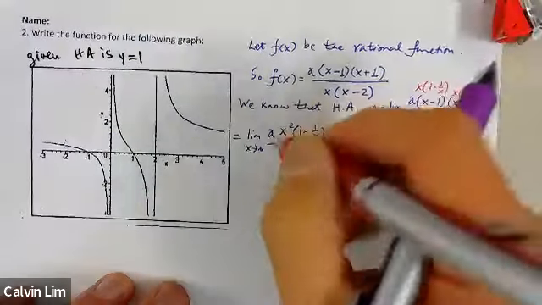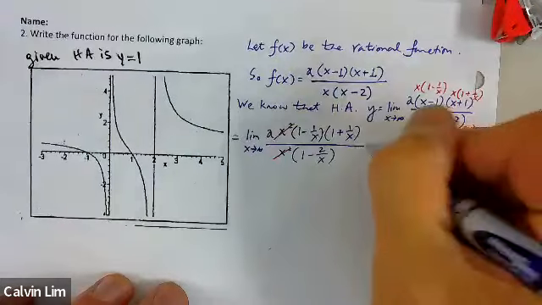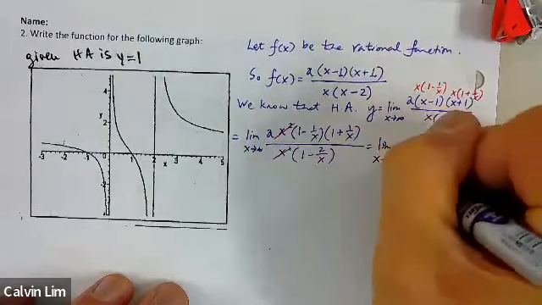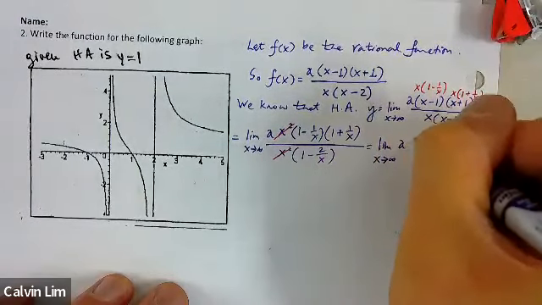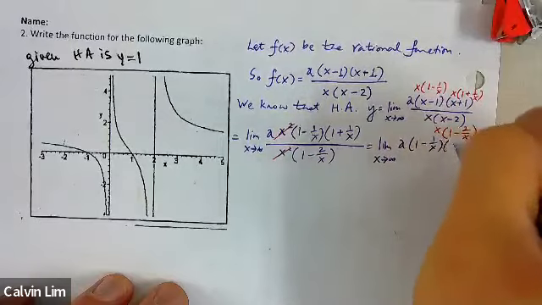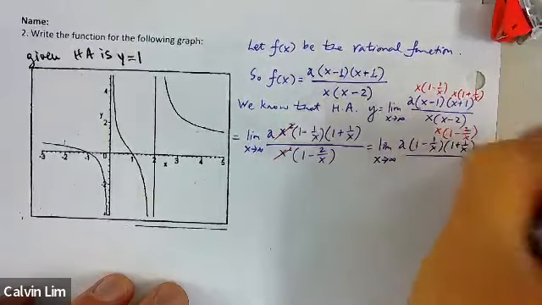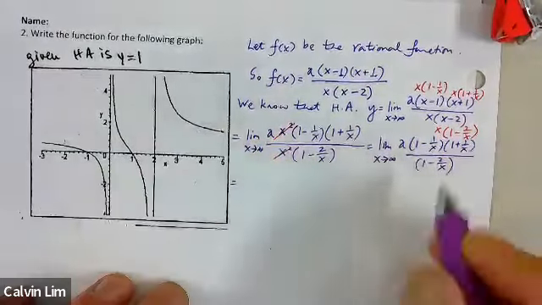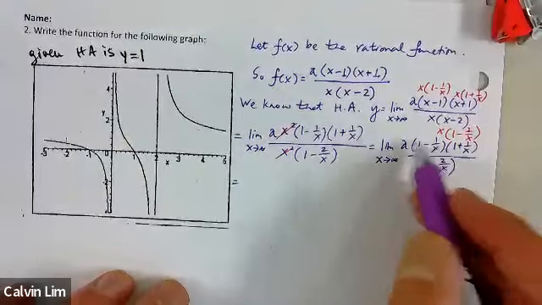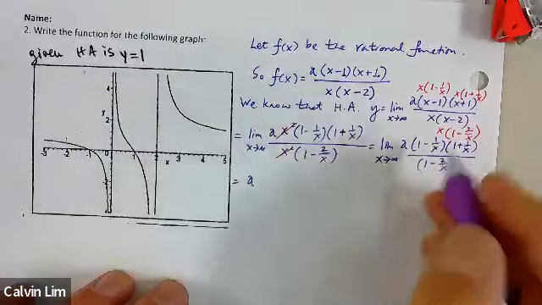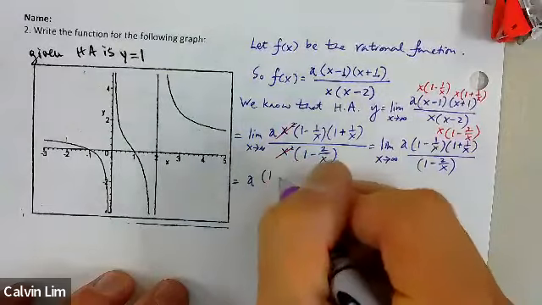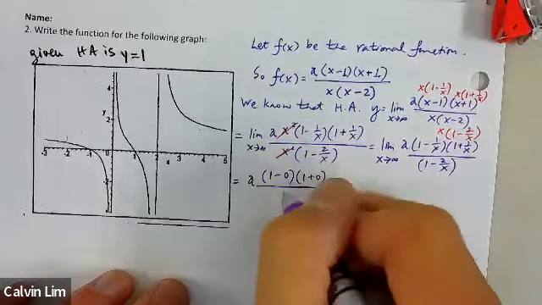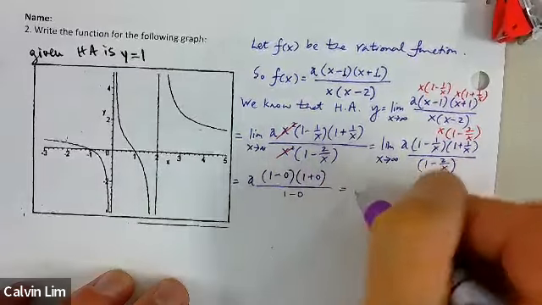The x squared cancel, leaving a times 1 minus 1 over x, 1 plus 1 over x, divided by 1 minus 2 over x. Now I can drop the limit notation to give a times 1 minus 0, 1 plus 0 over 1 minus 0, so that is just a.